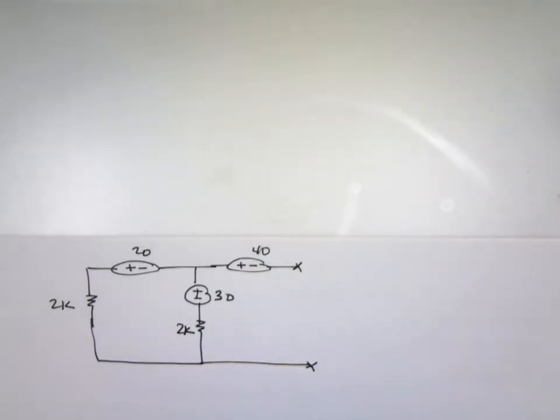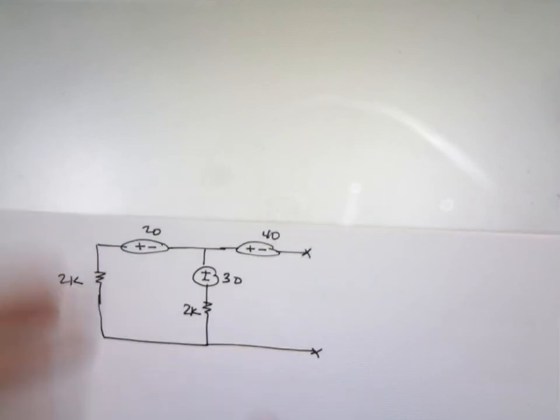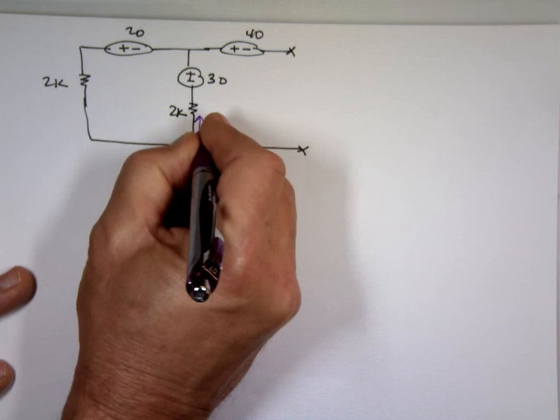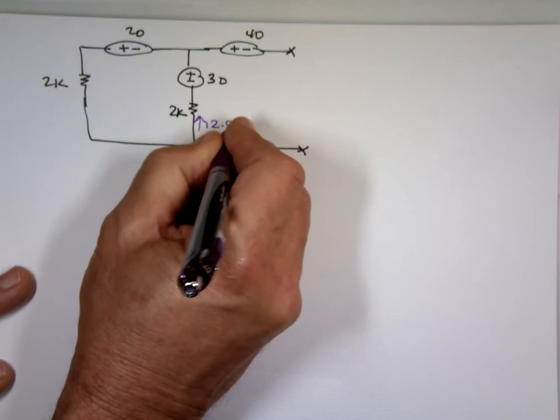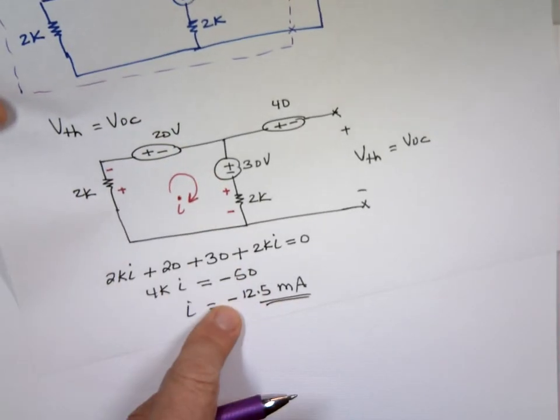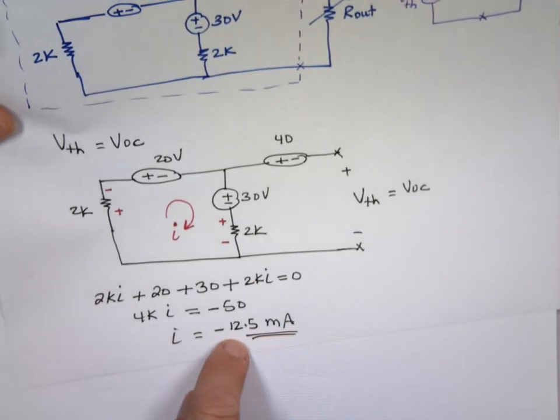Here we go. We said the current is 12.5 milliamp going which way? Upward. So we have a current going this way, 12.5 milliamp, positive. Notice I defined it coming down, that was a minus, which means going up is what? Plus.